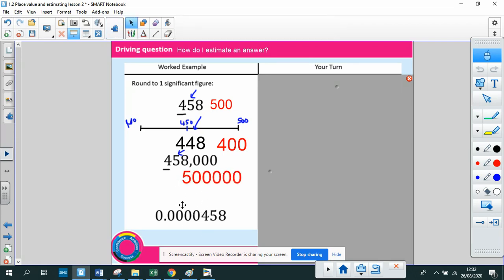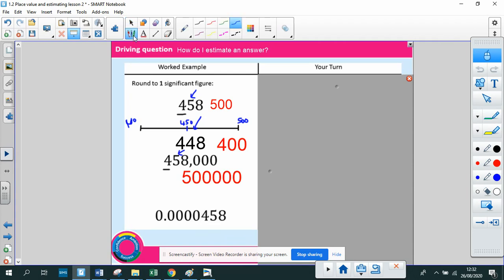Now below, this is where it gets a bit tricky. When you have decimals and you have zeros after the decimal point, our most significant figure here is this 4. These zeros stand for tenths, hundredths, thousandths, ten-thousandths. This 4 is 4 hundred-thousandths, which is larger than this 5 and this 8. It holds a higher value, a greater value.